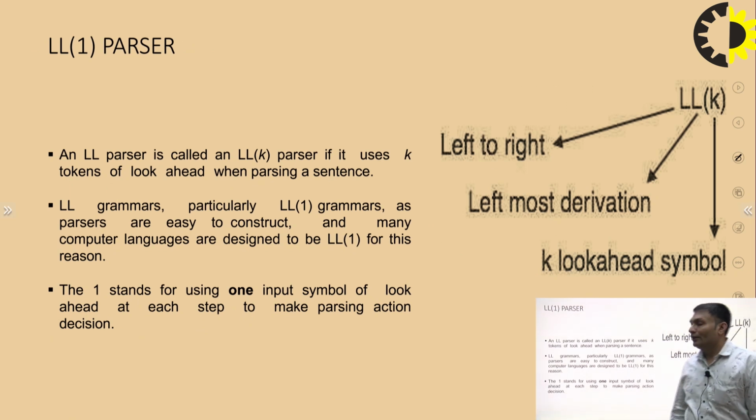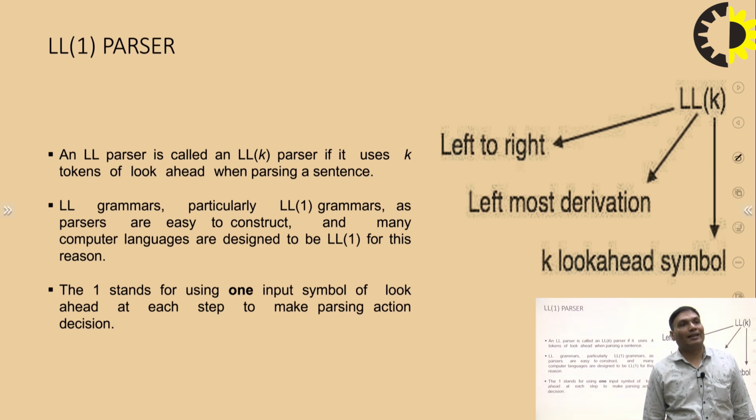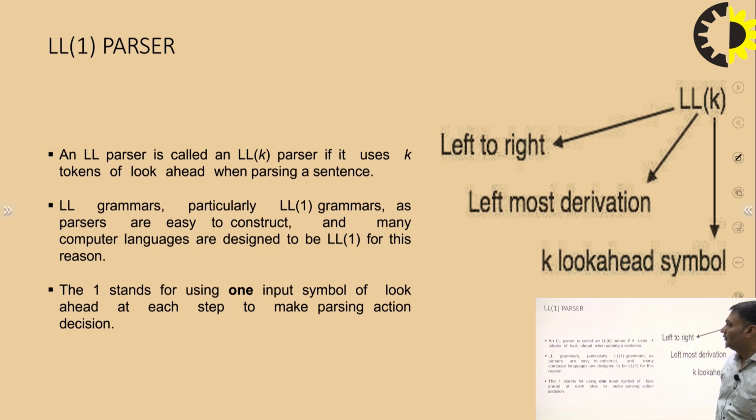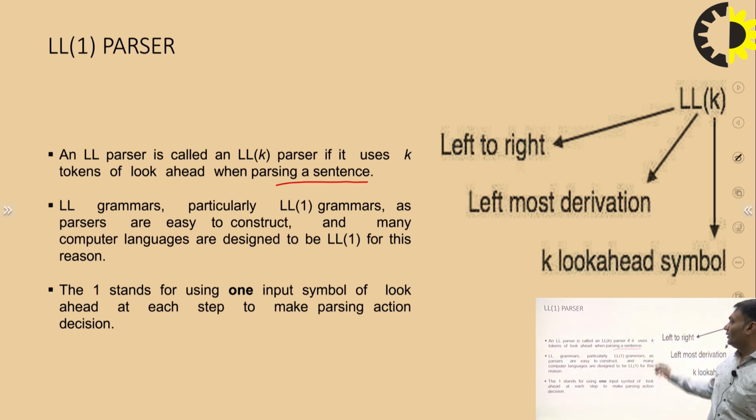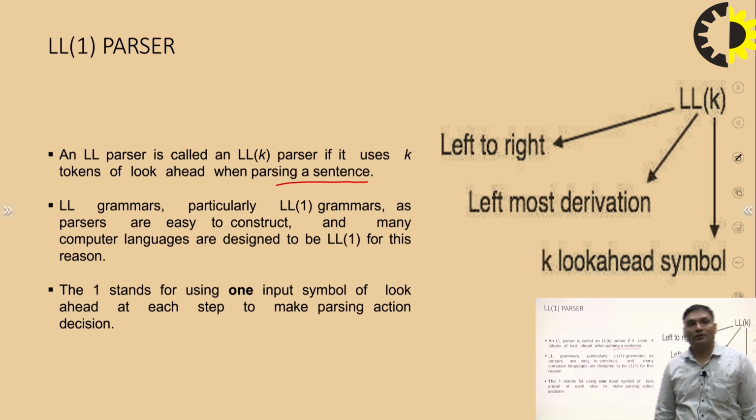So, what is an LL1 parser? An LL parser is sometimes called an LL(k) parser because it uses k number of tokens of look ahead when parsing the sentence. So what is k? k is the number of tokens.